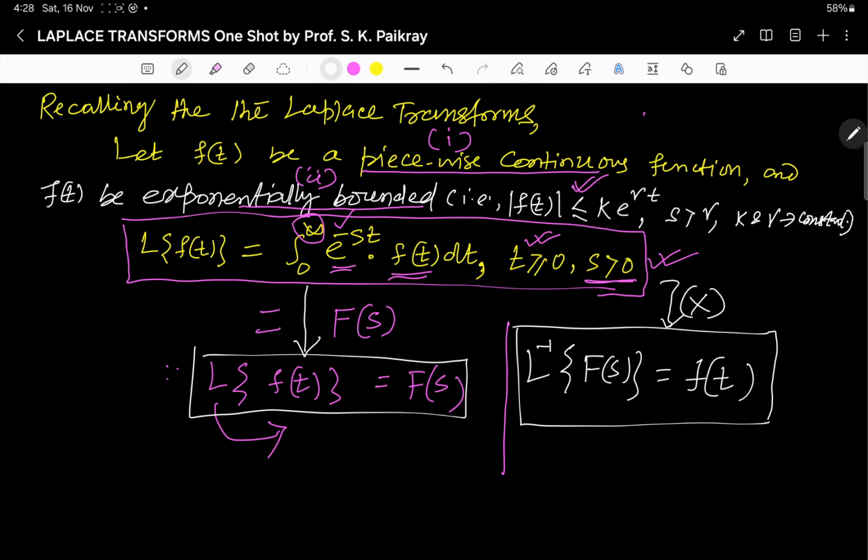Now, as I said, this condition is sufficient only. I can say this is the existence condition of the Laplace transform, right?